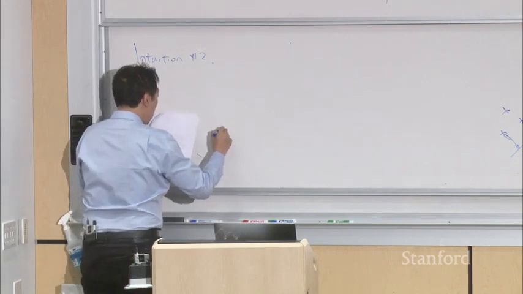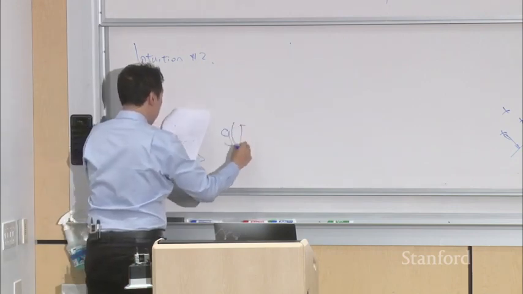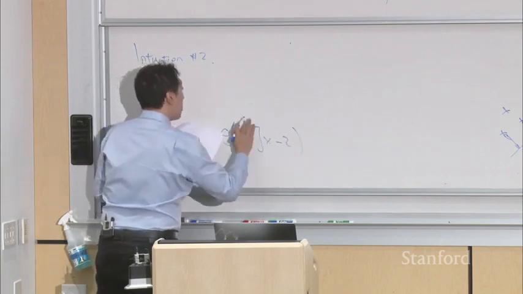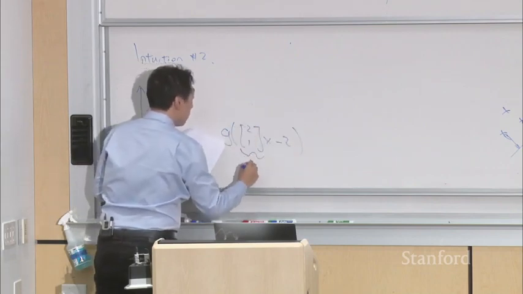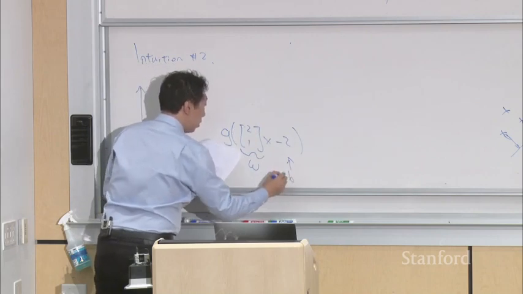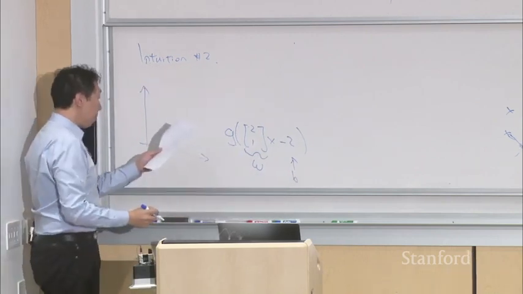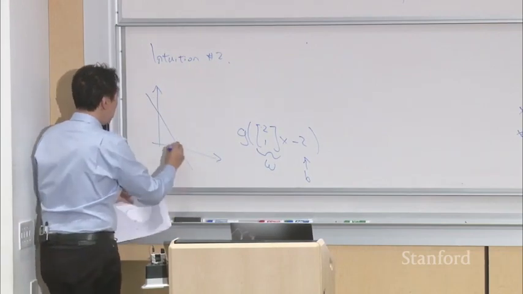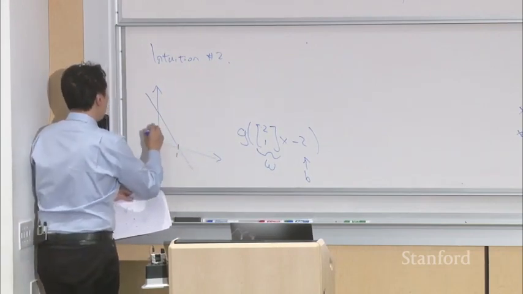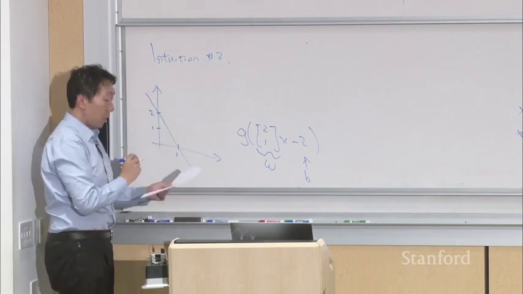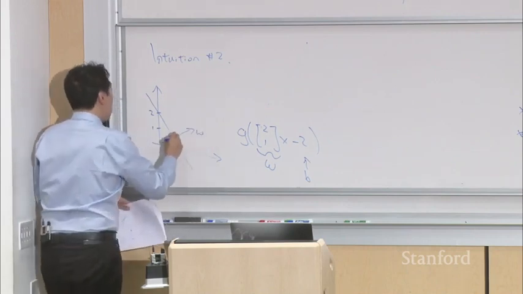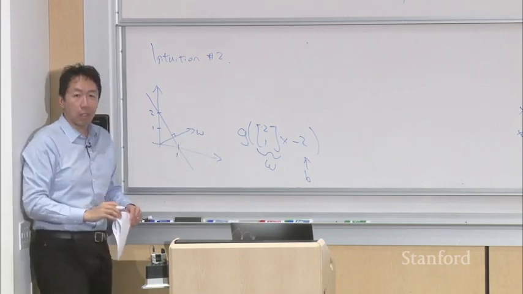Let's say that the classifier uses (2, 1) x minus 2, right? So this is w, and this is b. Then it turns out that the decision boundary is this, where this is 1, and this is 2. And it turns out that the vector w is always at 90 degrees to the decision boundary.